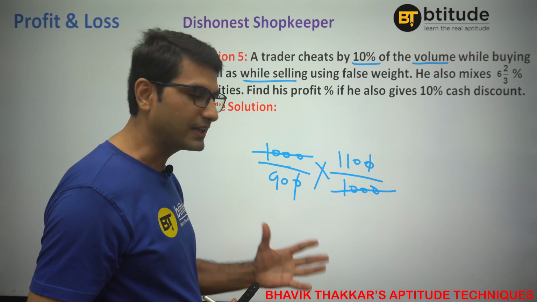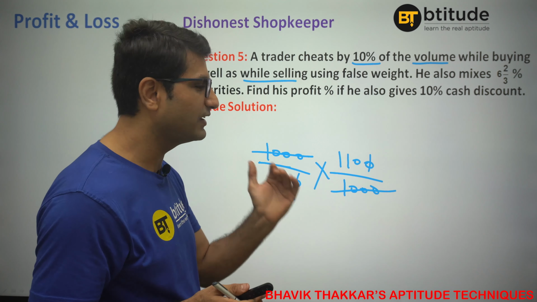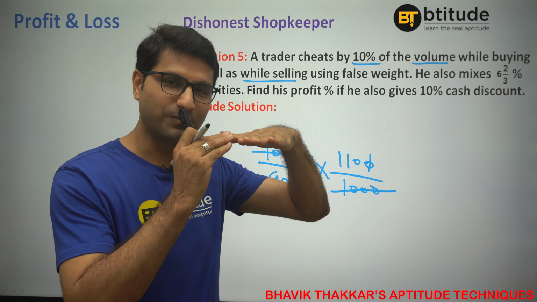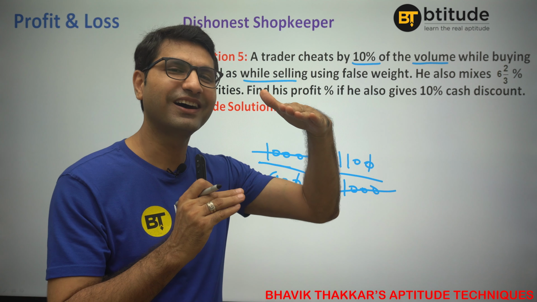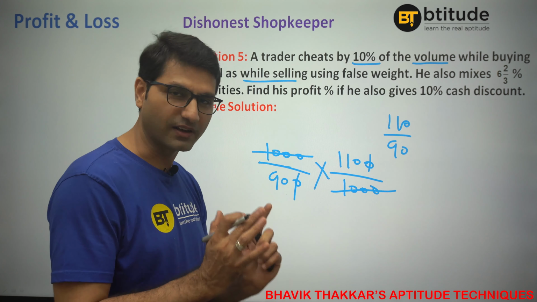That means he is making 110 gram out of 90 gram, or you can directly understand it as well, because if 100 gram is there, he is giving you money worth only 90 gram, but he is getting money worth 110 gram. So directly also you could have said 110 divided by 90, right? Fine, it's the same thing. If you're not able to understand directly, you can take 2 steps and understand it.